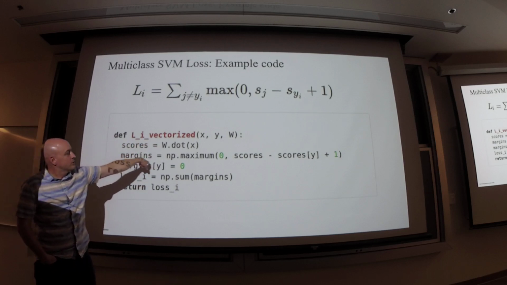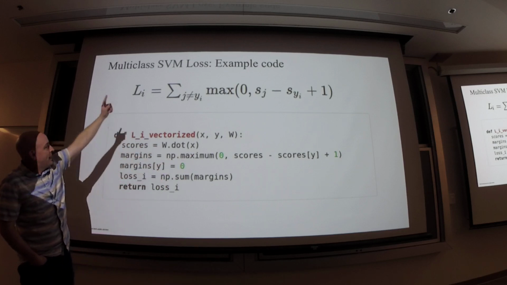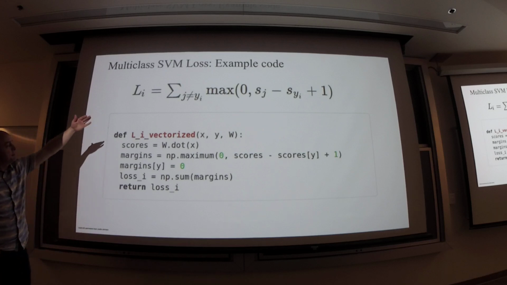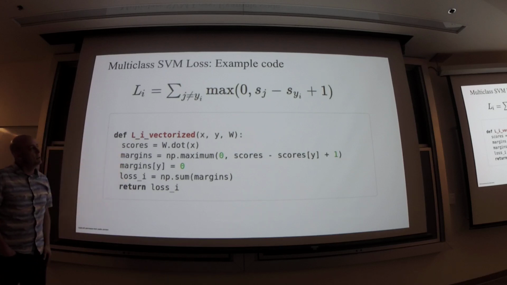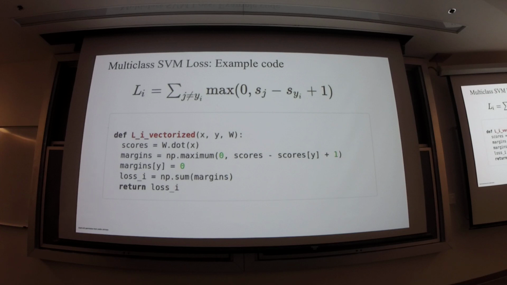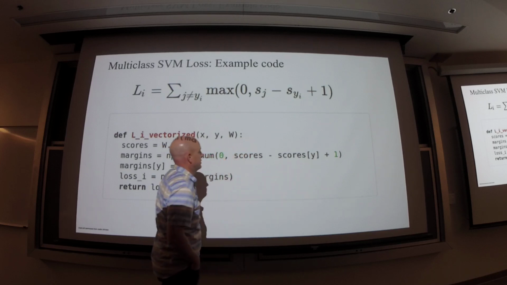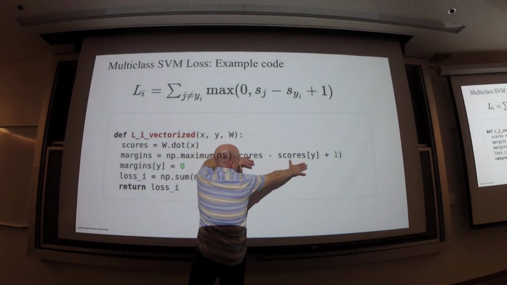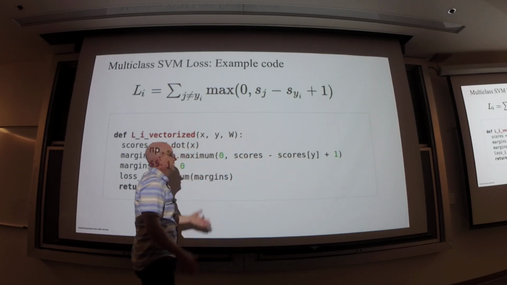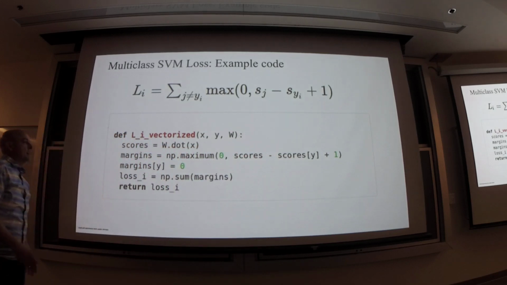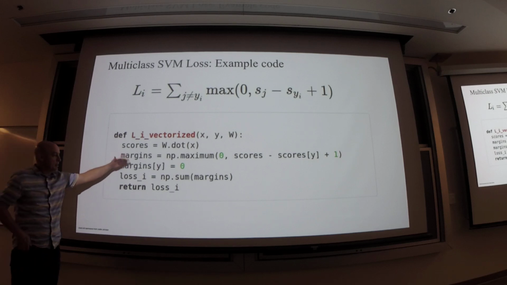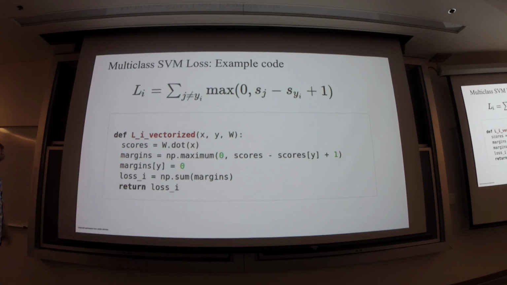Now you use your scores and you compute this maximum. It's not the sum yet. This is just all of the margins over all the scores. NumPy is cool because you can do this kind of indexing into it. It already does appropriate broadcasting when it can figure out the right dimensions to broadcast to. You can do this same thing, set margins, do these sums, and you get your loss.